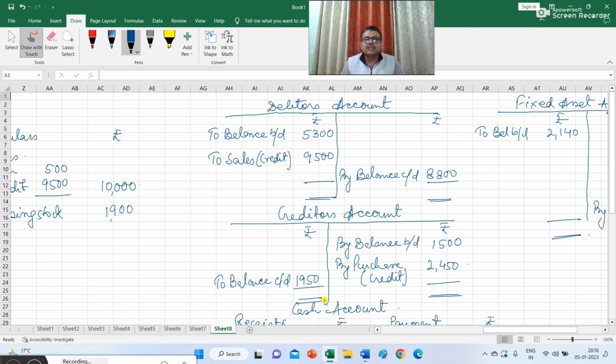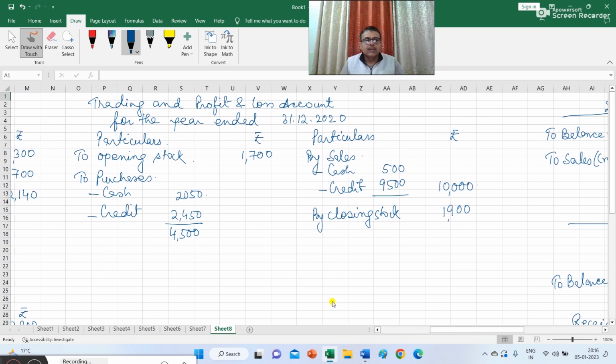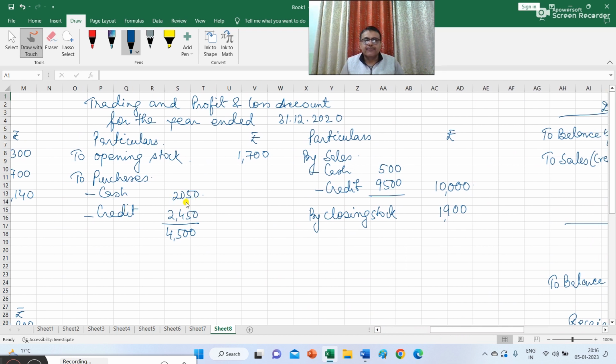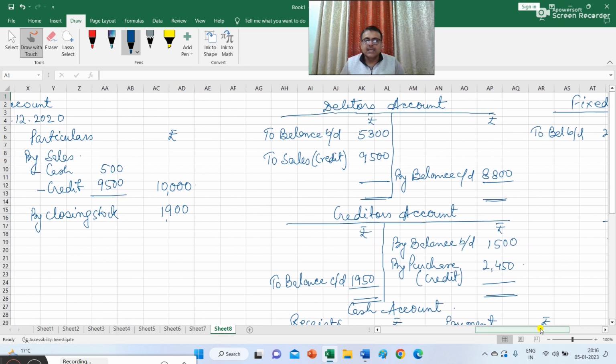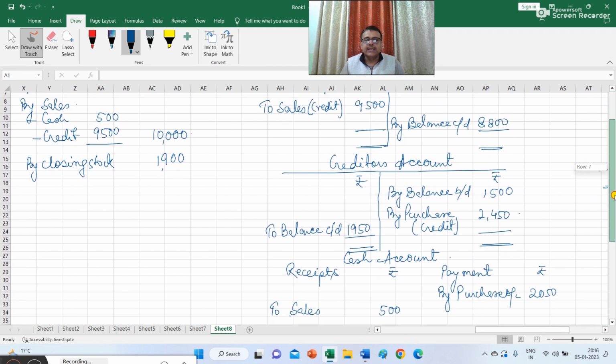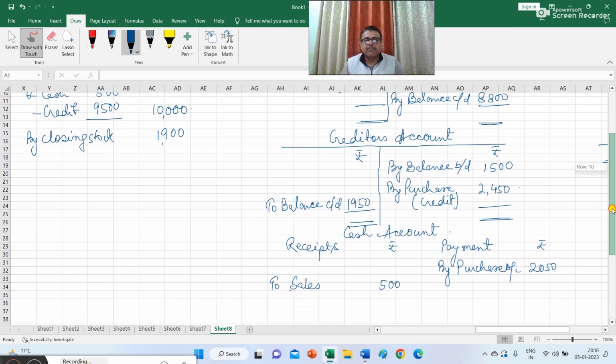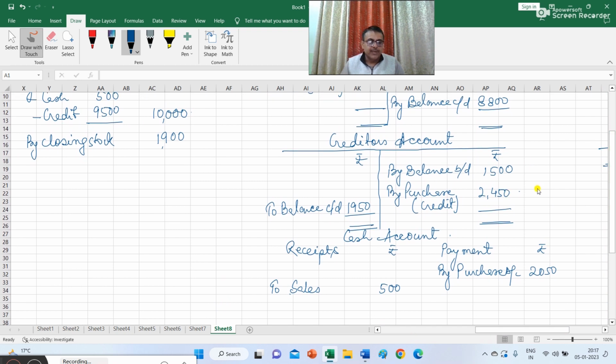So total purchase you have to record it in the trading account as to purchase, cash 2,050 and credit 2,450, and in the cash account you have to record as by purchase in the cash account, and in creditor account you have to record as by purchase 2,450.